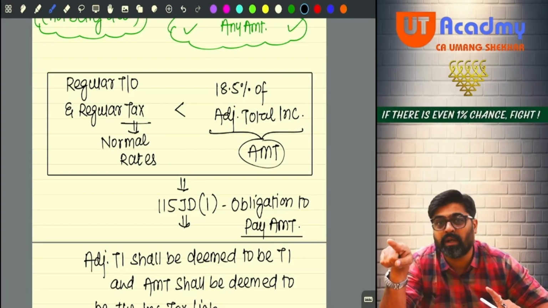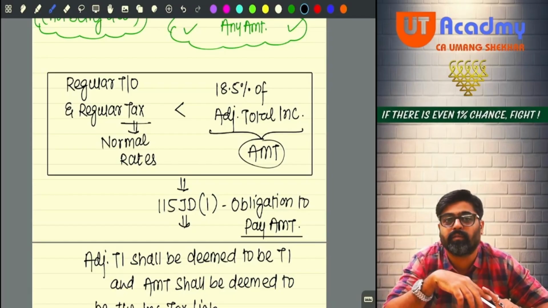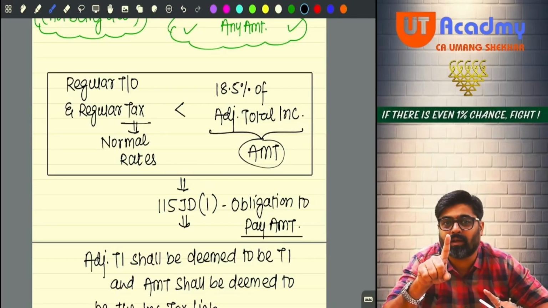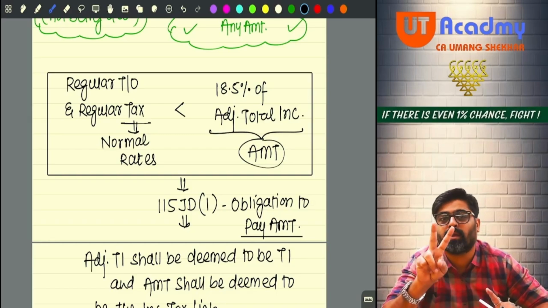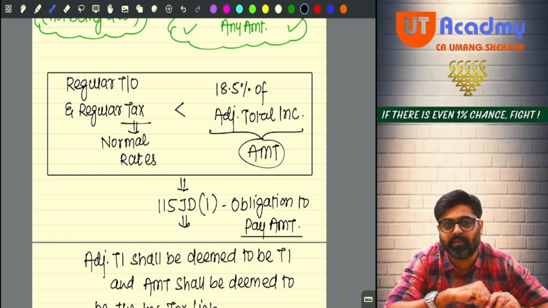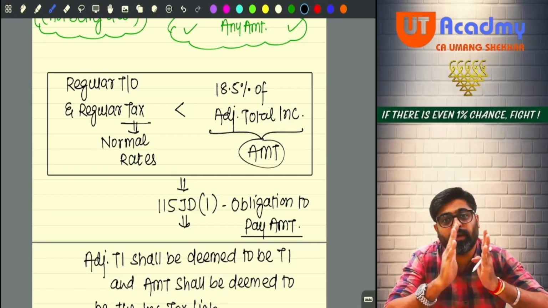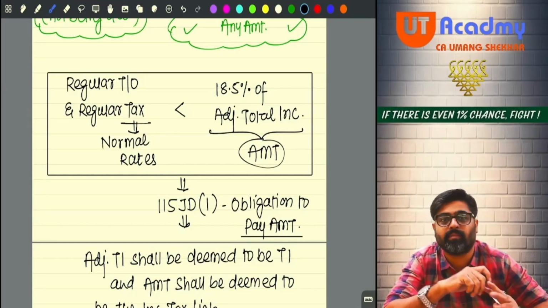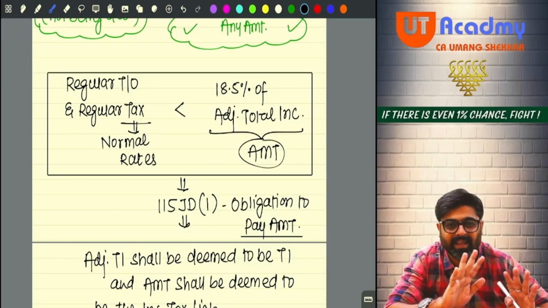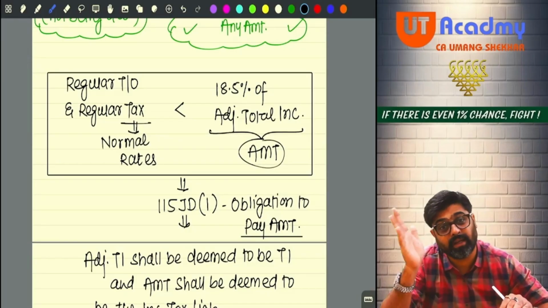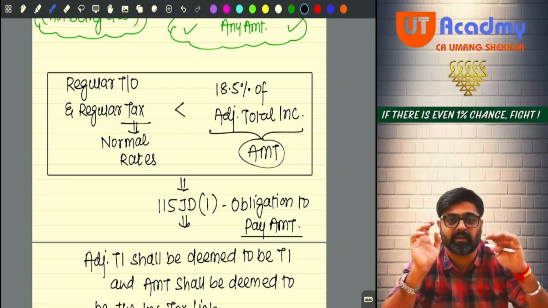But out of these deductions, 3 deductions you have already done. 80JJAA you have done, 80QQB you have done, and 80RRB you have done. So still, from 80IA to 80RRB, 3 deductions you have claimed. But they are not talking about only these 3 deductions. 80IA to 80RRB, any deduction.